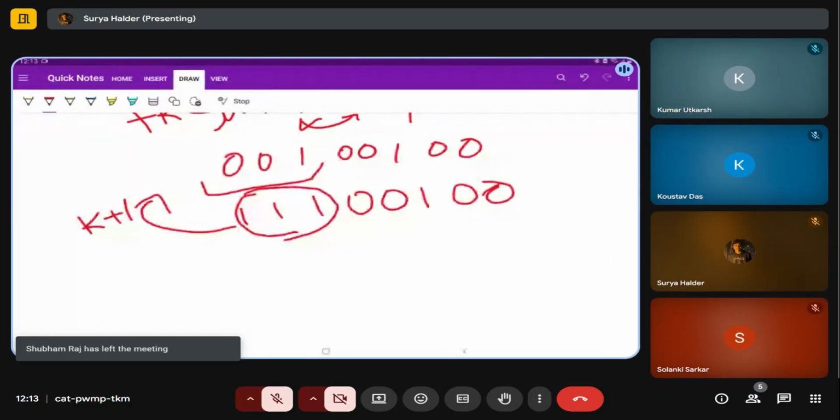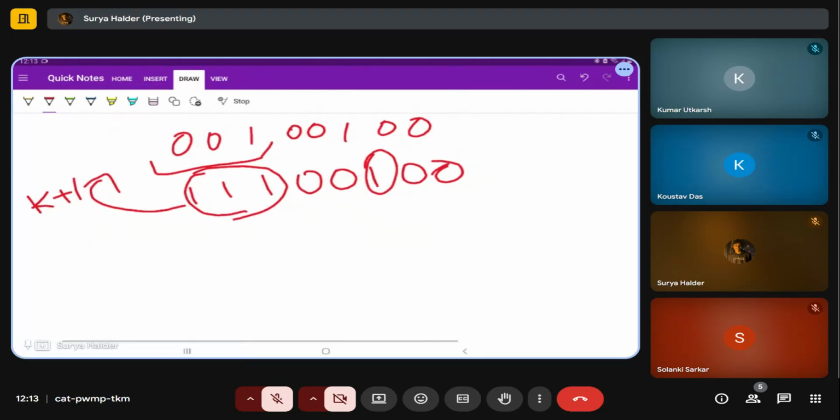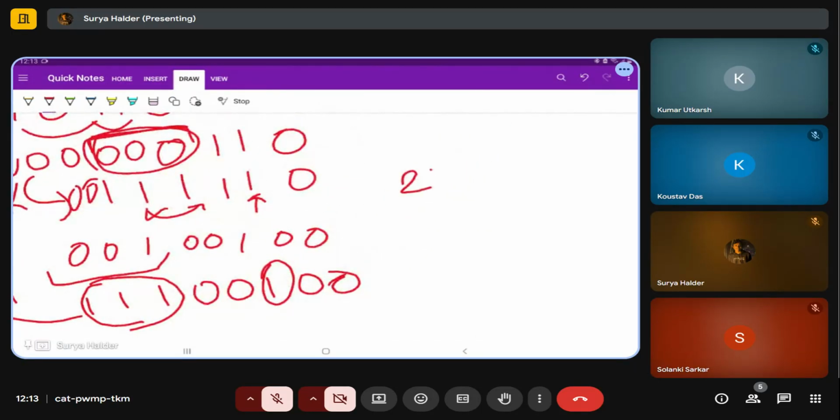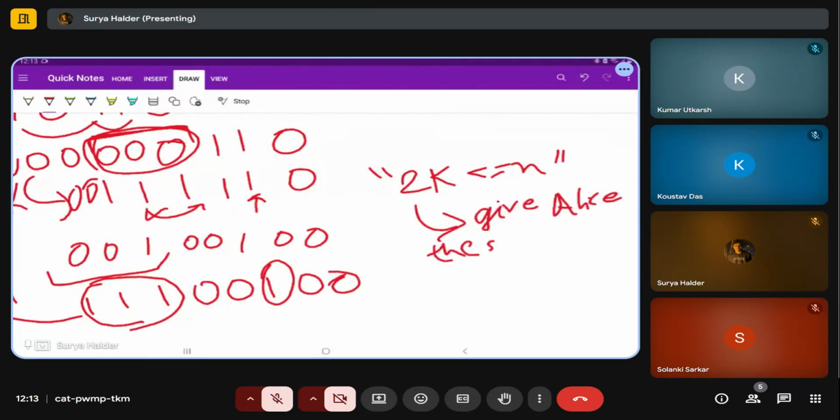She can choose any three positions, but still one of the ones will remain. So whenever 2k is less than or equal to n, Bob plays in such a way that he gives Alice a string such that the number of ones is greater than or equal to k plus 1.